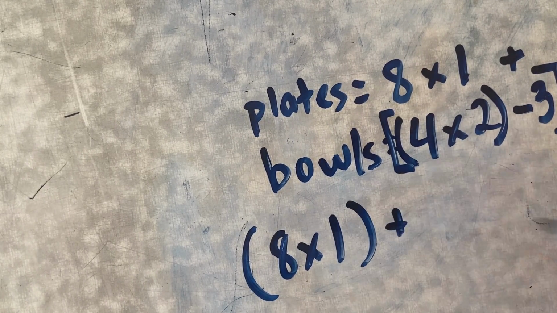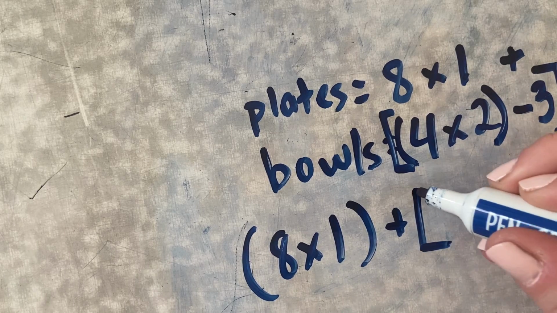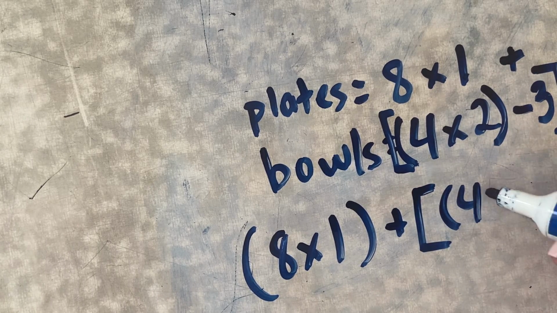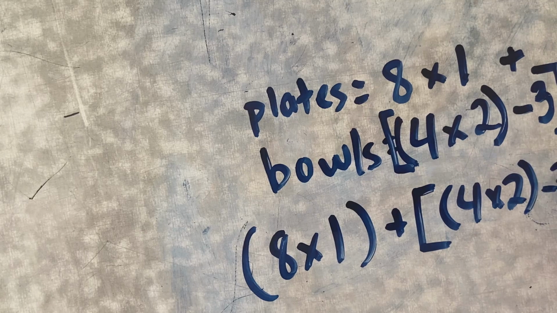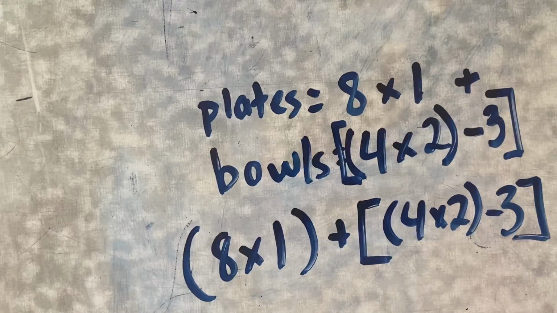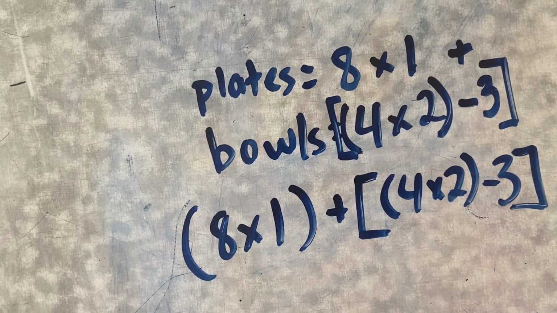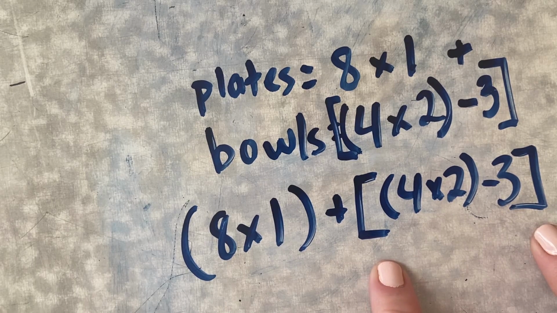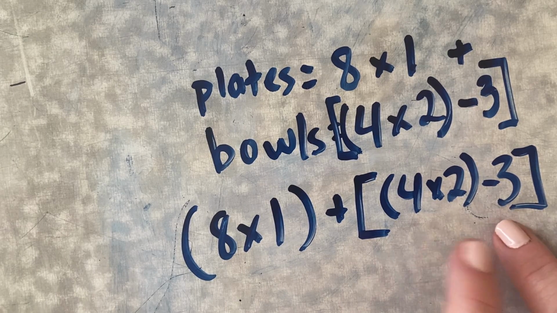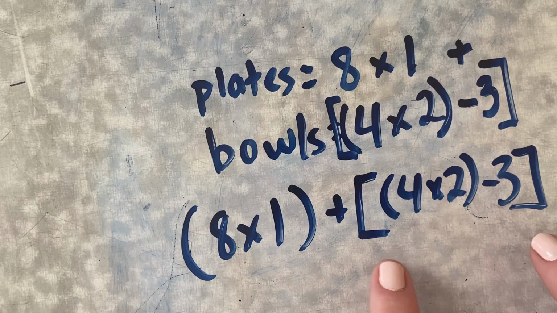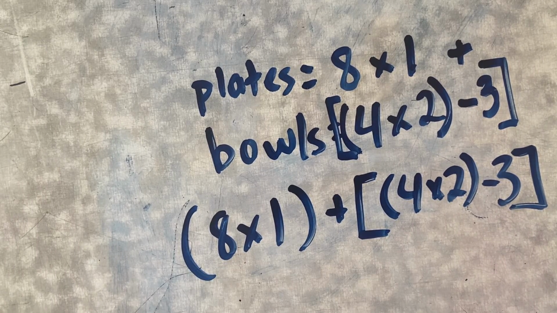And then I'm going to add that to 4 times 2 minus 3, and I've got my brackets right there. Keep in mind, even if you didn't use these brackets, your math would still come out correct. But we want to understand how to group numbers together when we need to do math, because sometimes our answers will change if we don't group things properly.